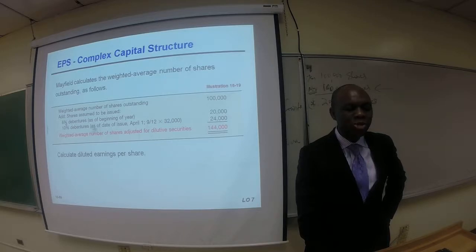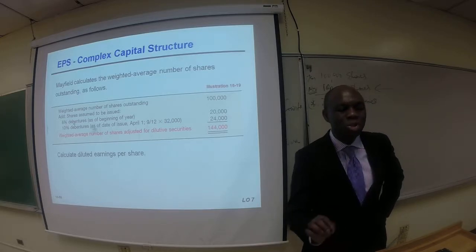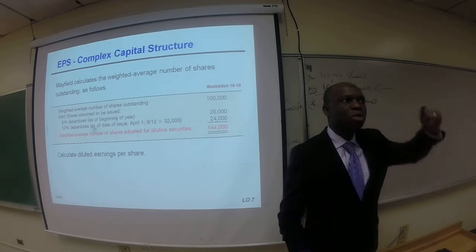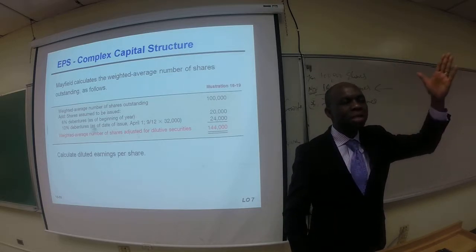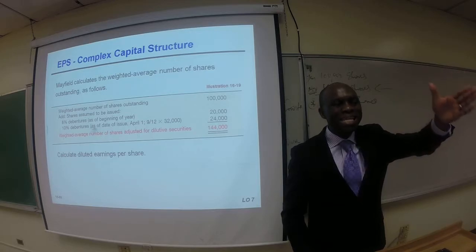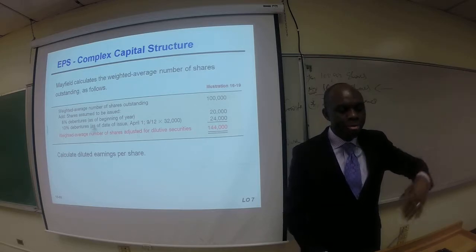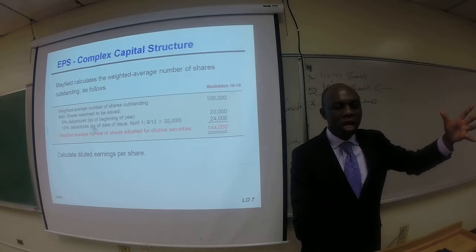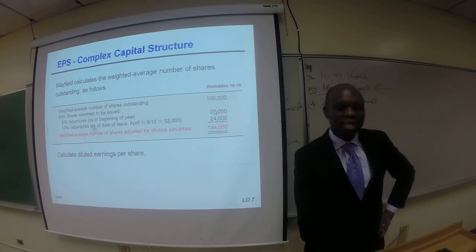The 6% debenture was issued the year before, so we assume it was in existence at the beginning of the year. It would be converted into 20,000 shares. The assumption is that it was done.